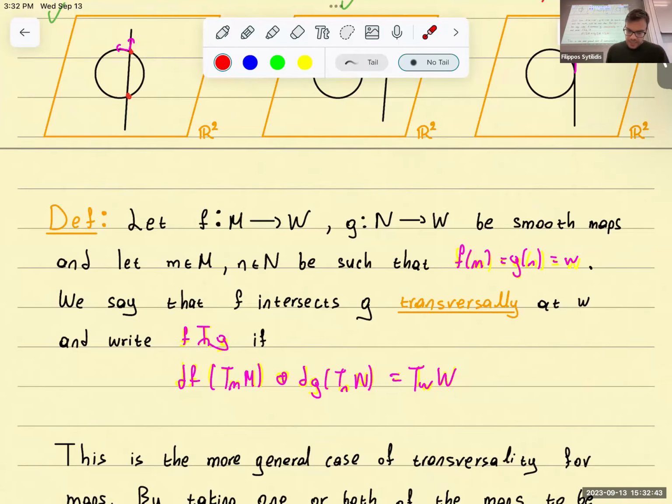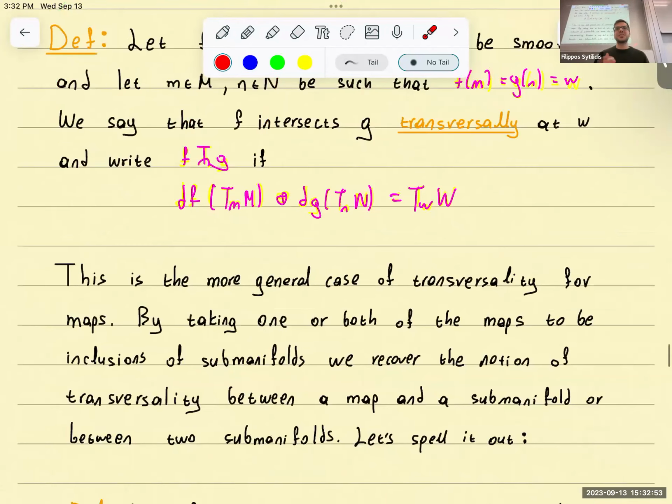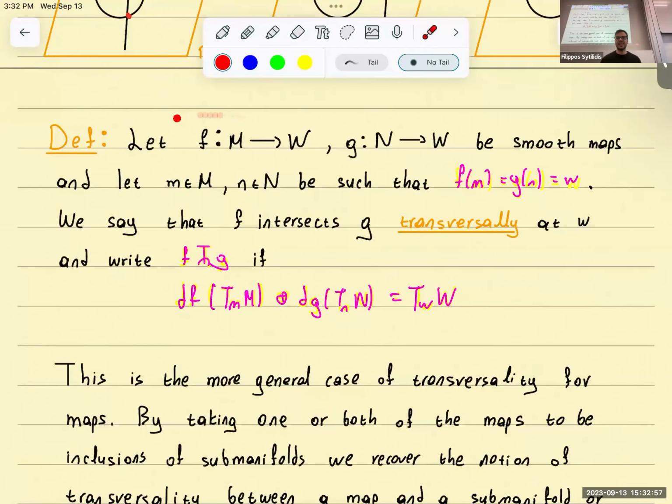Well, I mean, you can say the following thing. You can complete this first definition in the same way that I completed the second definition, and say that we will say that F and G intersect transversally if they intersect transversally at each point in which they intersect.